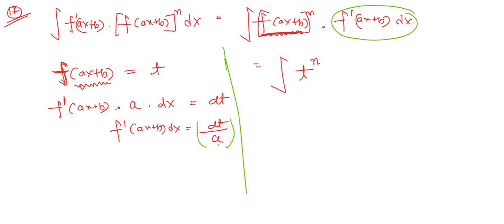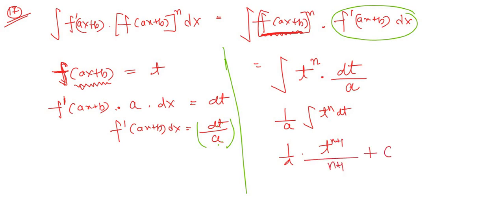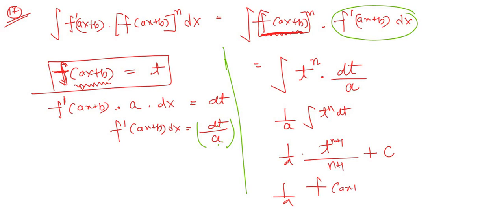So this is t raised to power n into dt by a. 1 by a is out, t raised to power n dt. So what is integration of this? t raised to power n plus 1 by n plus 1 plus c. And what was t? t was this. I will put it back. f of ax plus b power n plus 1 by n plus 1 plus c. This is my answer. I hope you understood.